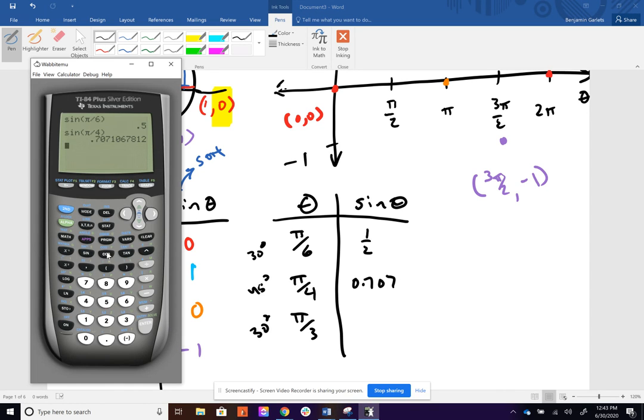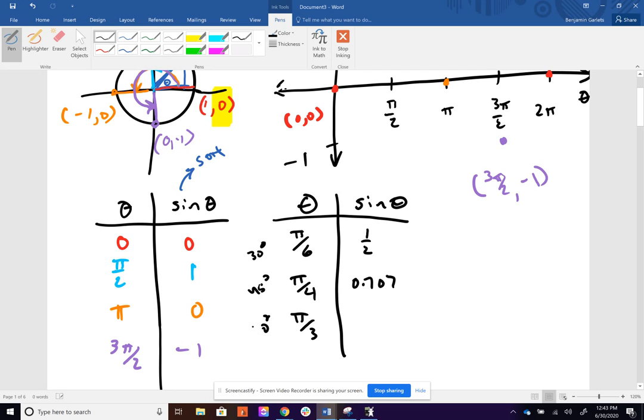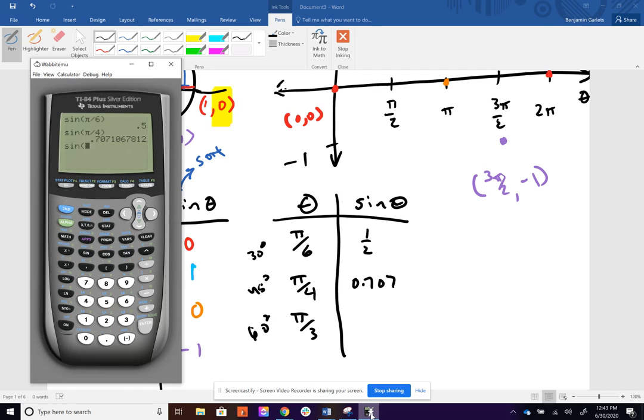And we're going to take the sine of 30 degrees. Oh, 60 degrees, I'm sorry. Sine of 60 degrees. So we're going to take pi over 3, which is 0.866.